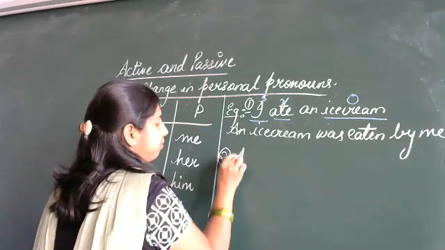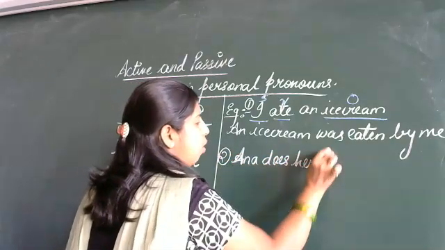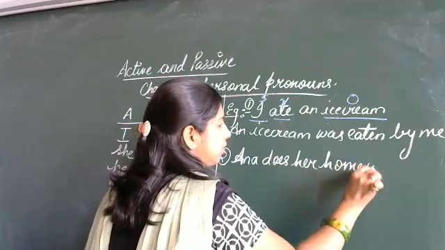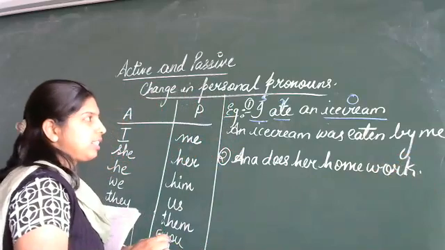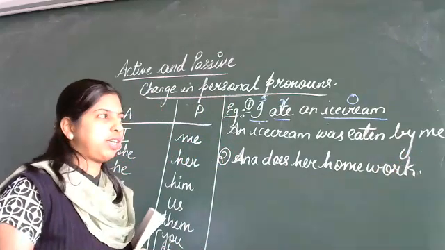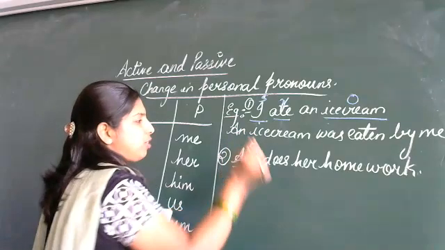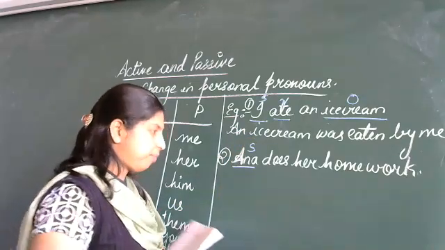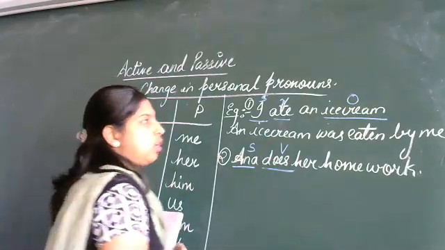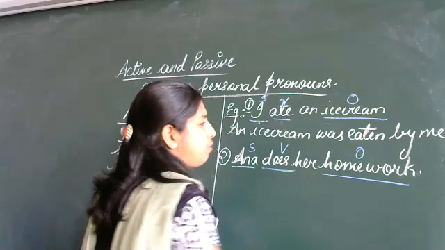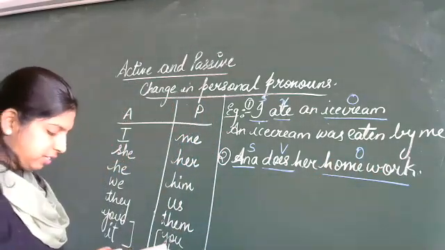Anna does her homework. Okay. Tell me where is the subject, where is the verb, and where is the object? Anna is subject. Then does is verb. Homework is object. Now you have to change that.